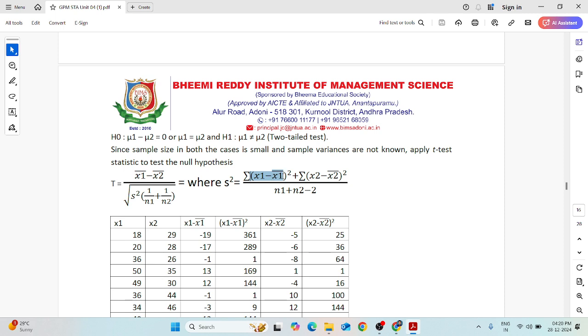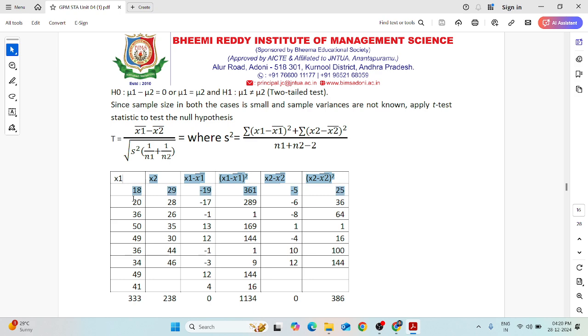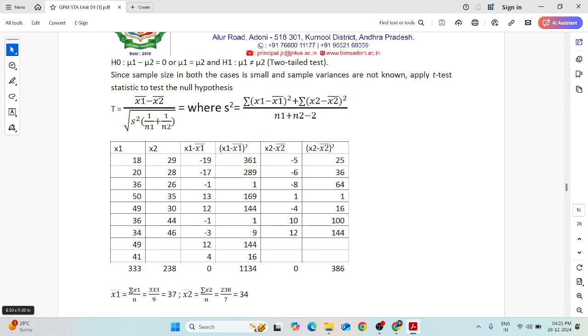So x1 minus x1 mean whole square. Here, how I have taken that x1: summation of x1 by number of observations, you will get the x1 mean, and in the same way for x2, summation of x2 by number of observations.